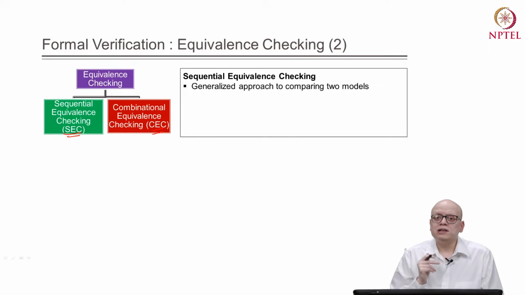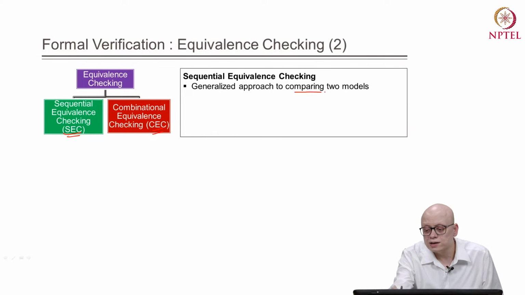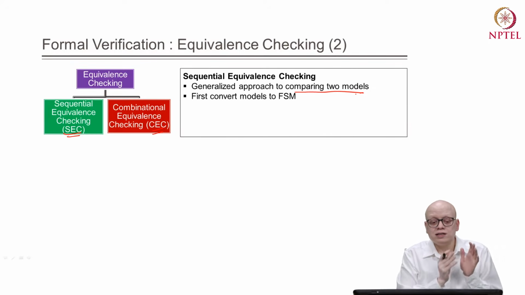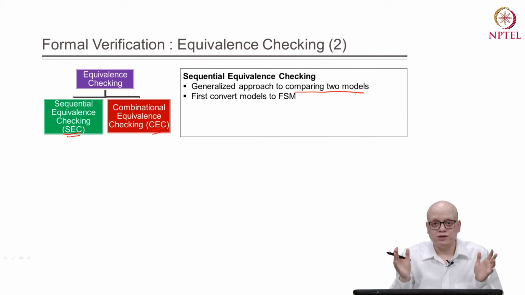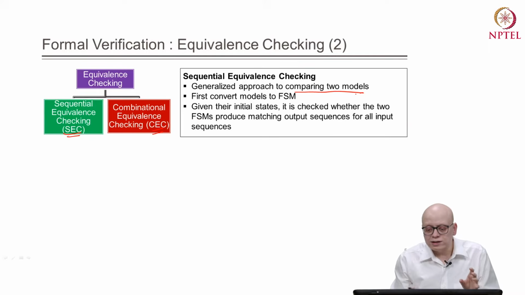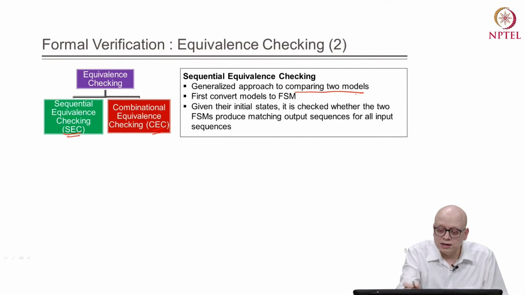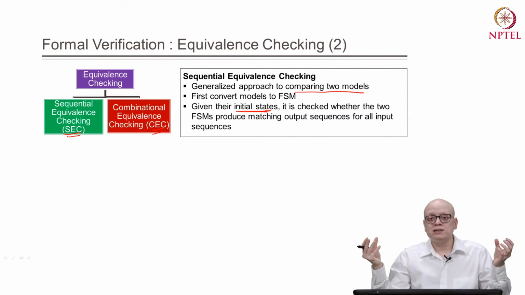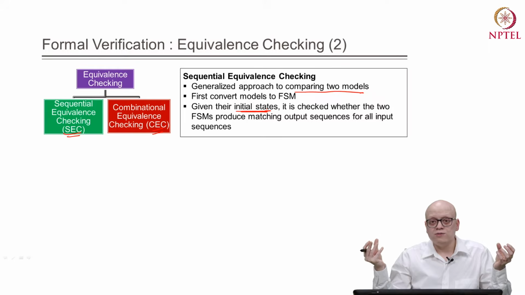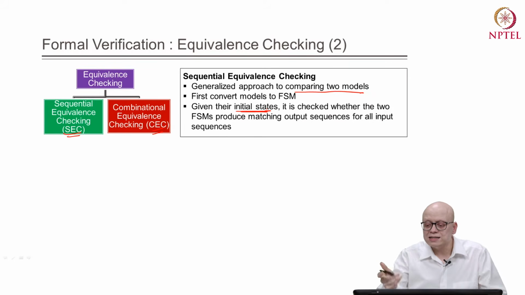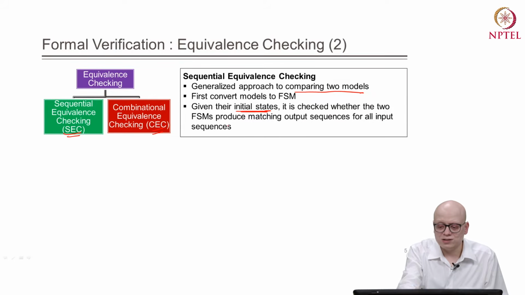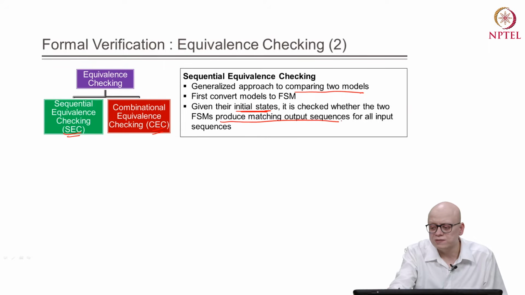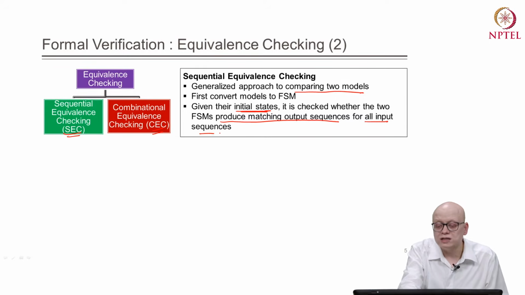Sequential equivalence checking is a generalized approach to comparing two models, meaning that it first converts the two given models into FSMs, and then it considers the two initial states of these two FSMs, and checks whether the two FSMs produce matching output sequences for all input sequences.